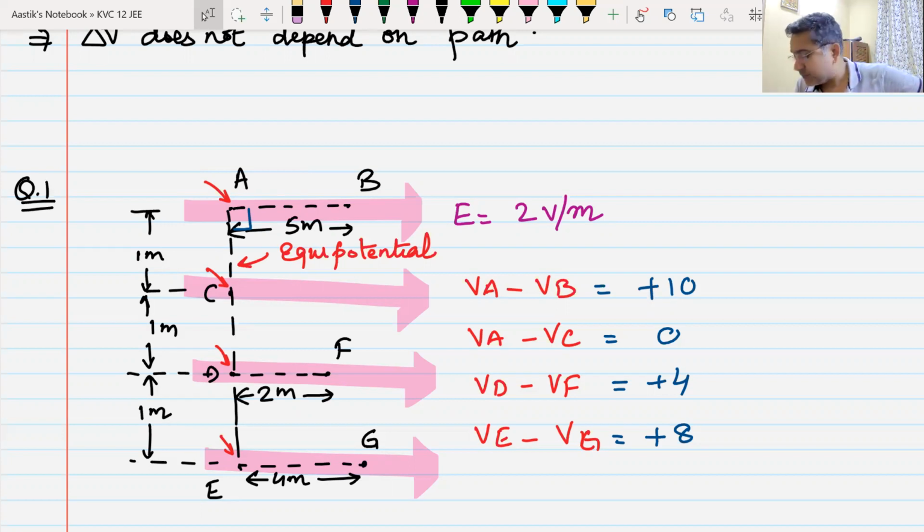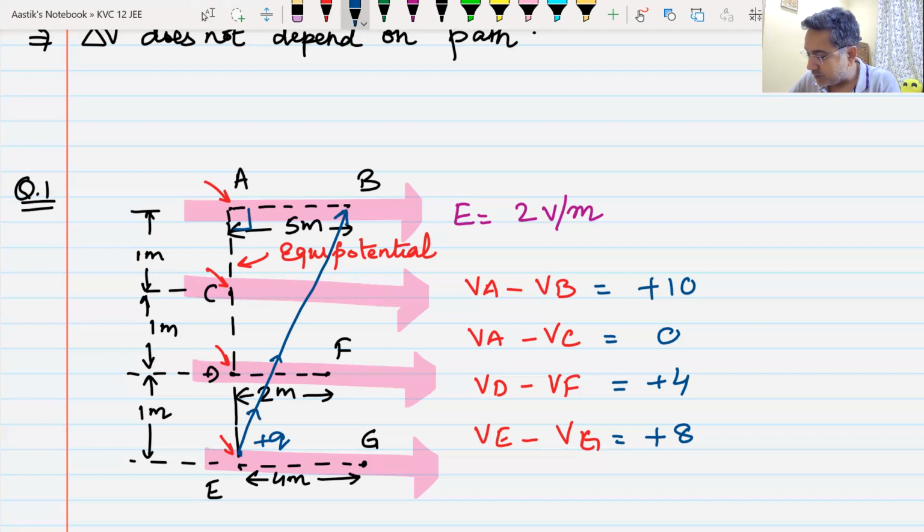For example, I move a positive charge plus Q from E to B along this straight line.